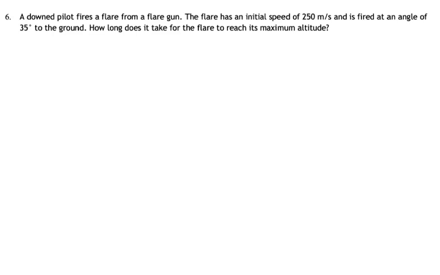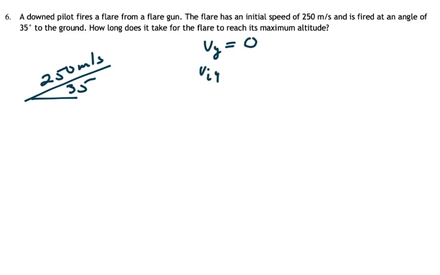All right, the next one, the picture is 250 meters per second at an angle of 35. And this is just a Vy equals, you're at maximum altitude, so Vy equals 0. You have an initial velocity in the y direction equal to 250 times sine of 35.